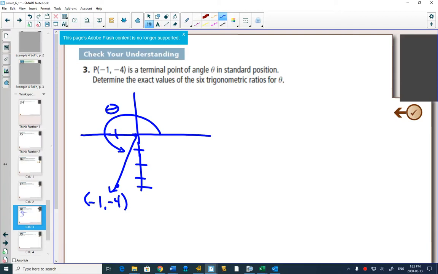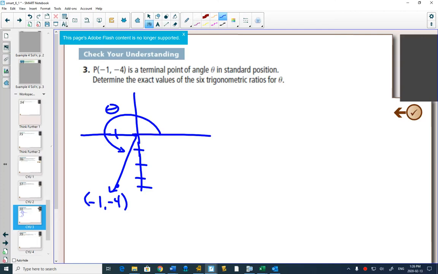What does trigonometry normally make you think of? Triangles. So we're going to need a triangle in this question to help us solve for trigonometry. What kind of triangle do we use for sine, cosine, tan? Right angle triangles. Now, all of our definitions are going to come into play here.